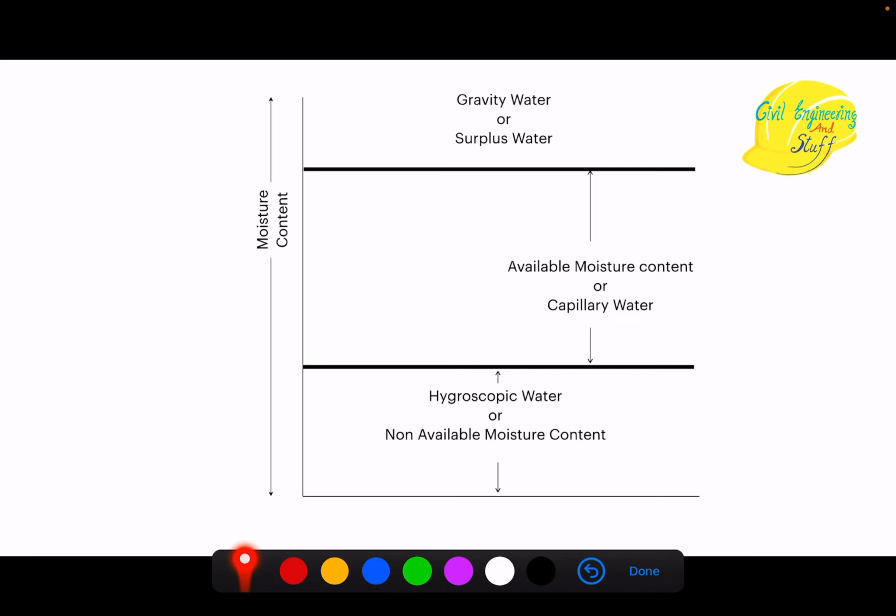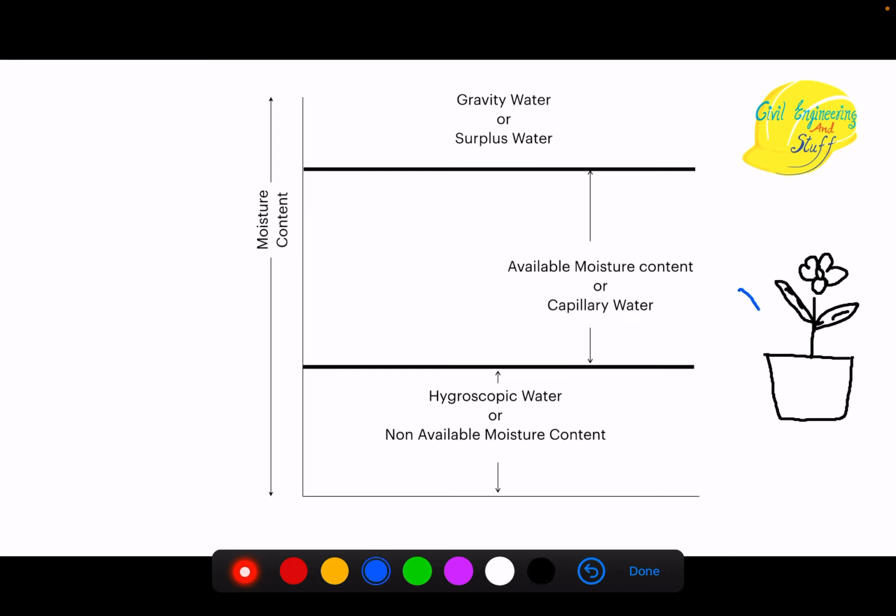First of all, we have the gravity water or the surplus water. The gravity water or surplus water is the excess quantity of water which will drain off under the action of gravity if free drainage is allowed. To better understand with the help of an example, at some point in your lifetime, I believe you must have watered your plants in the garden.